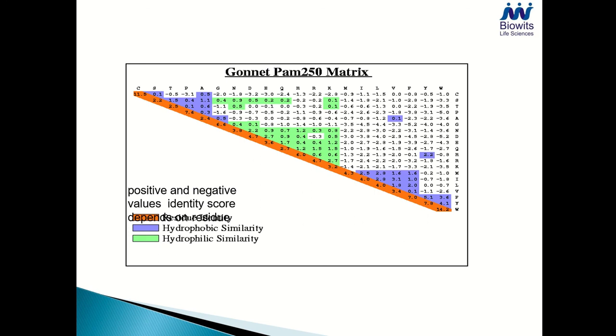We are using the computer in order to do the analysis. We are not letting the computer manipulate us, but we are the ones who are responsible to use the computer properly, right? Ayan, so lumilitaw dito alin yung positive and negative in the Gonnet PAM 250 matrix.